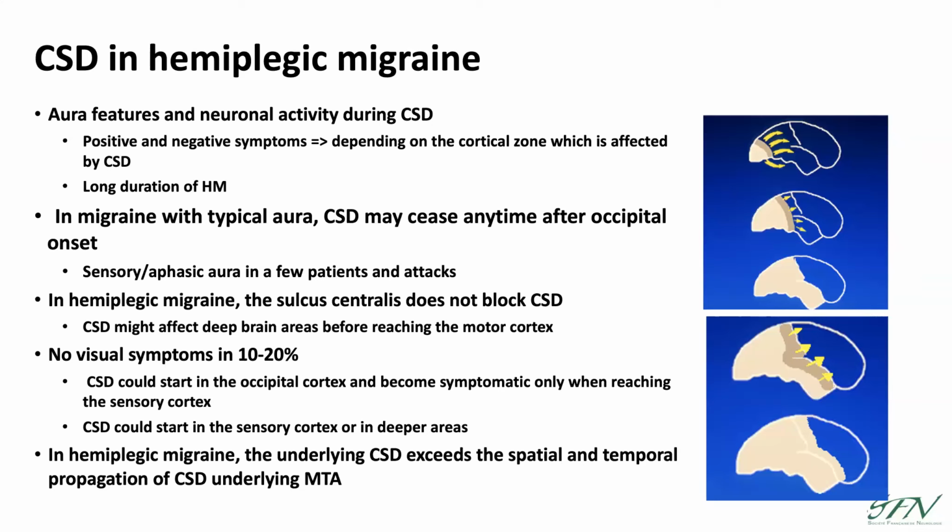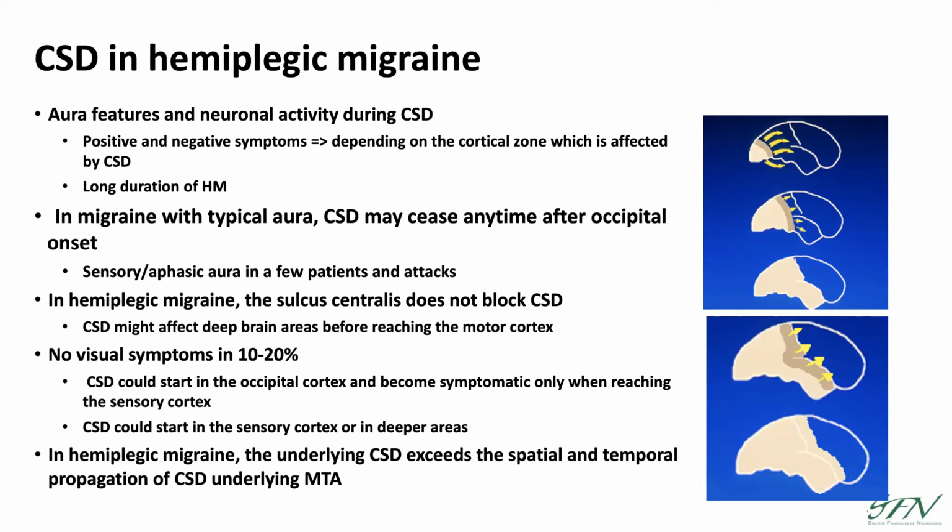In migraine with typical aura, cortical spreading depression may cease anytime after occipital onset. So in migraine with typical aura, visual symptoms are the more common, and sensory and aphasic aura concerns only a few patients and are not present in all attacks in most patients.